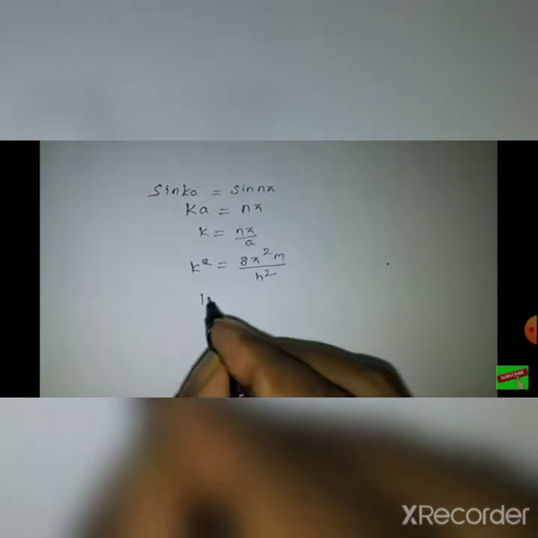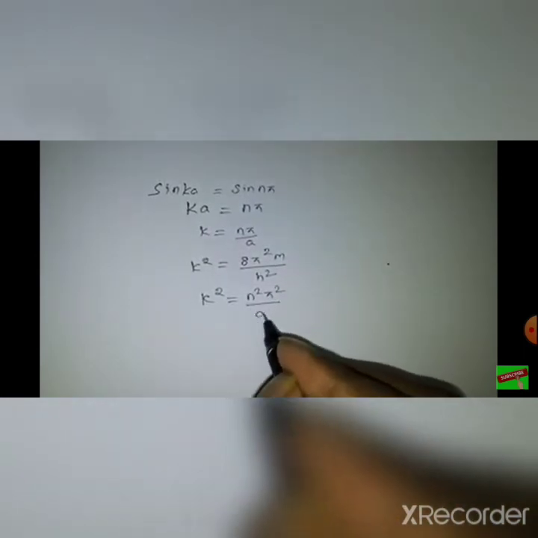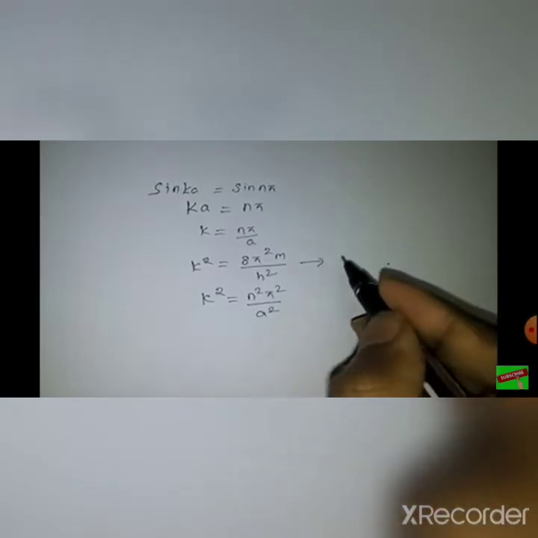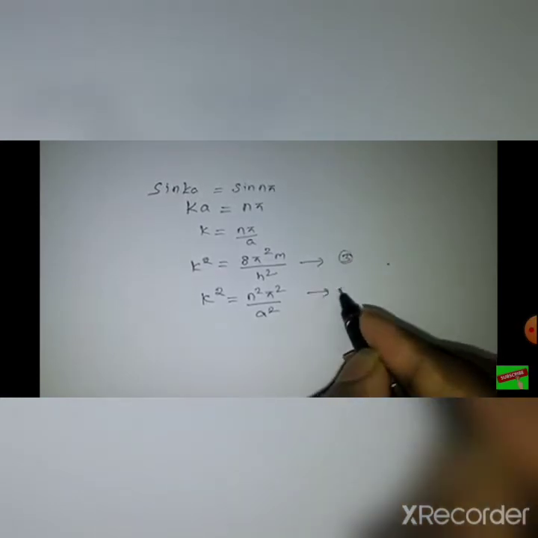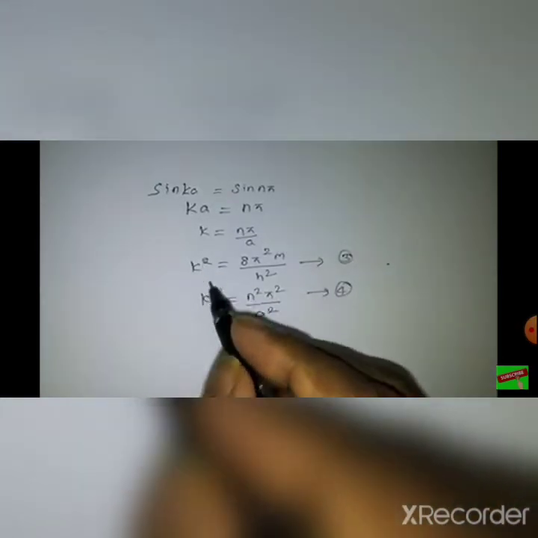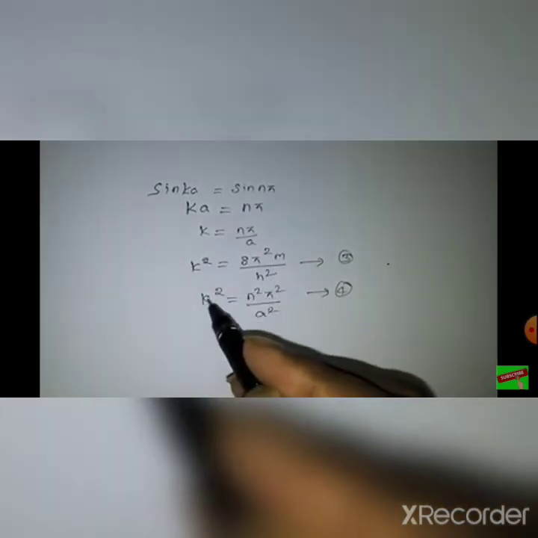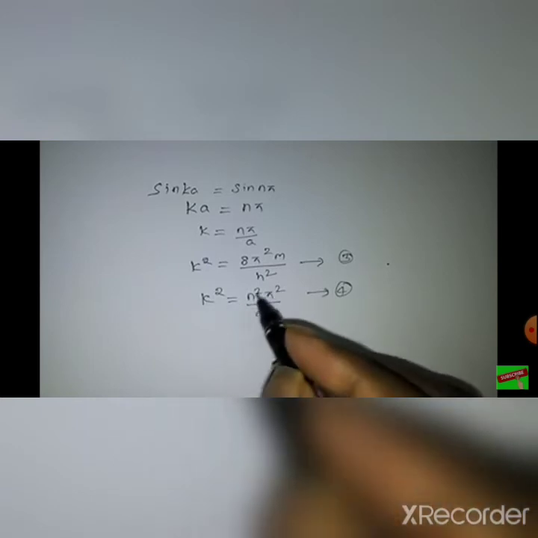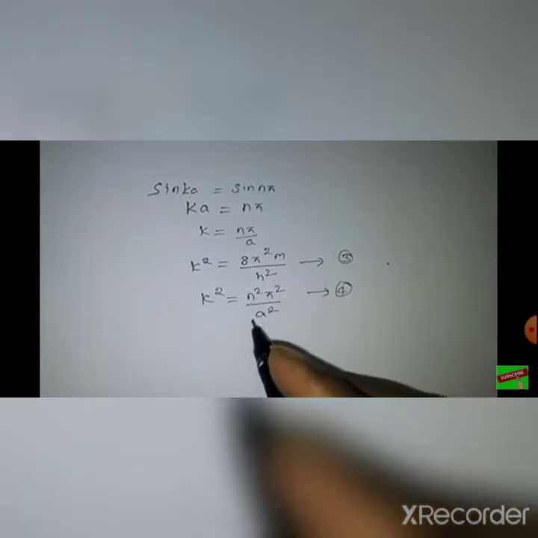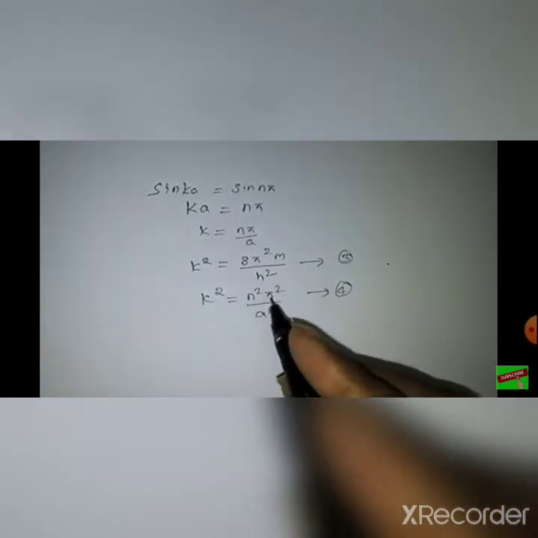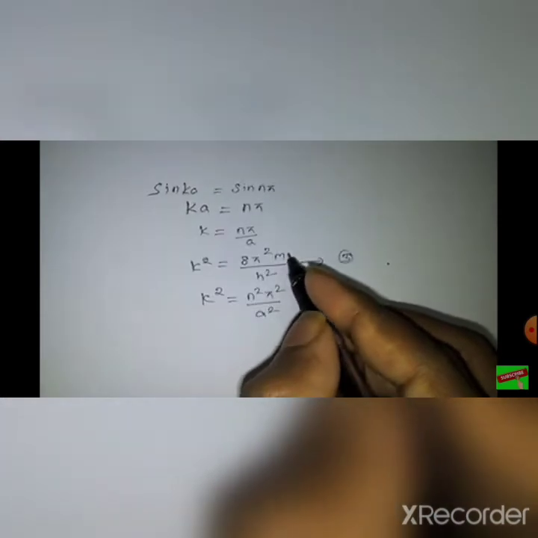The propagation constant formula in quantum mechanics is k square equal to 8 pi square m E by h square. By squaring our previous equation, we get k square is equal to n square pi square by a square. And we already know k square is equal to 8 pi square m E by h square. Both of them are k square values.